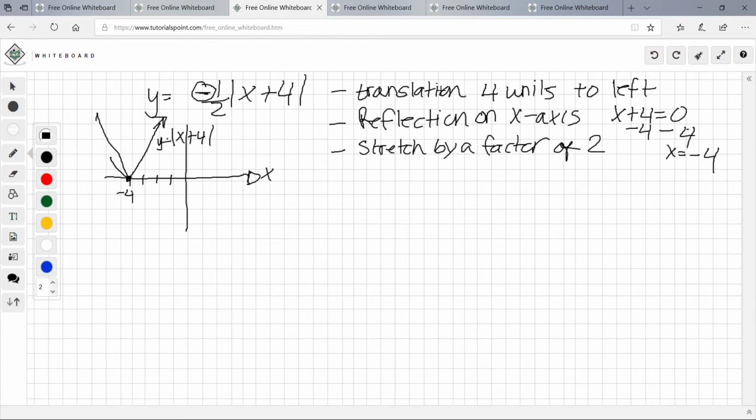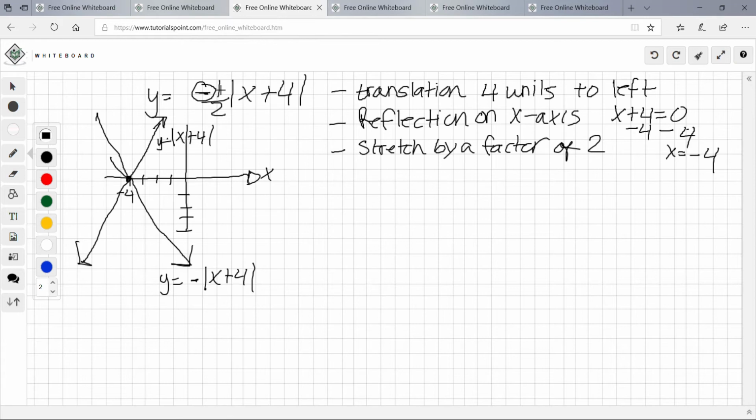Okay, now we said there's a negative, so there's going to be a reflection on the x-axis. So it will look like this. So this is y equals negative absolute value of x plus 4.